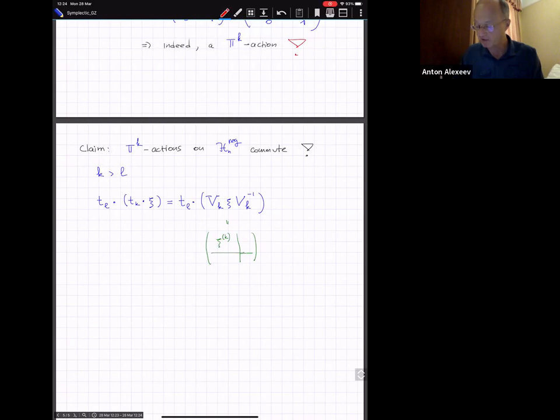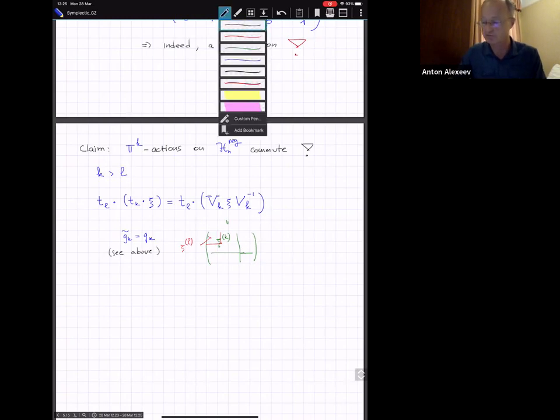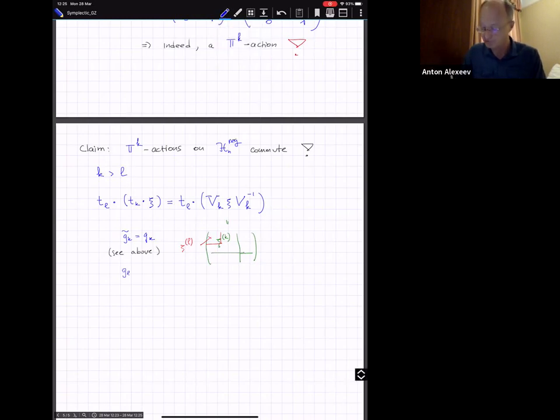And the l by l corner, therefore, is the same as for the original matrix. But then this means that not only Gk tilde was equal to Gk, that's what we saw and used in the previous argument, but also Gl tilde is equal to Gl.